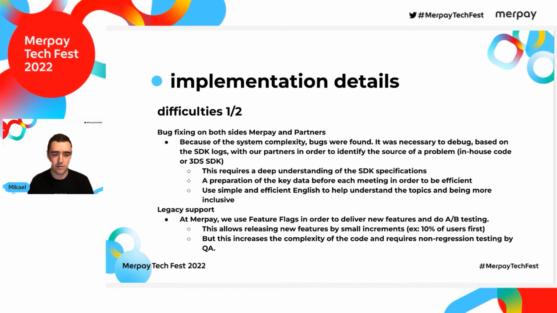So at Merpay, we use feature flags in order to deliver new features and do A/B testing. This allows releasing new features by small increments. So for example, for 3DS, we chose at first to release the new feature to only 10% of our user base.